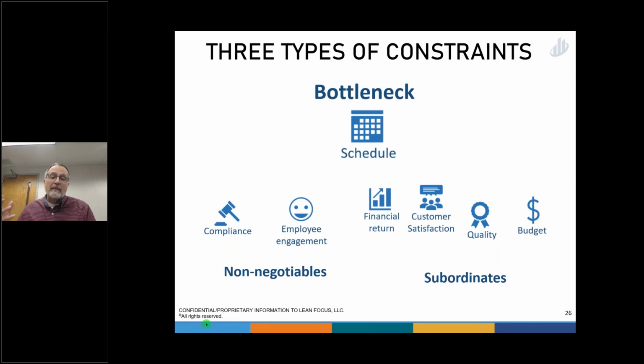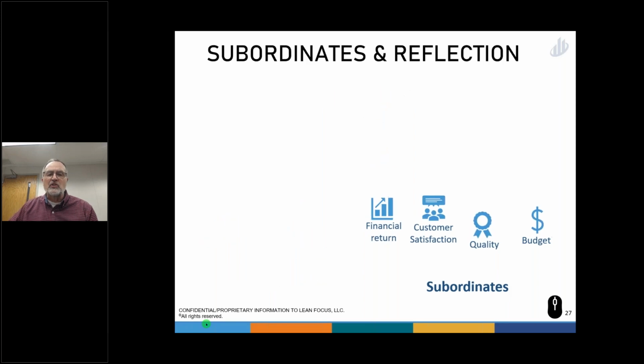And maybe we could say it's subordinate in the sense that if somebody says we're not meeting a rule, we've got to go spend a month to meet that rule. The other one is employee engagement, non-negotiable. We can't have people leaving at such a huge cost. But everything else, we'll actually balance with schedule. And you may say, we don't, but you do. Like, for example, quality. We're not going to trade quality for schedule.